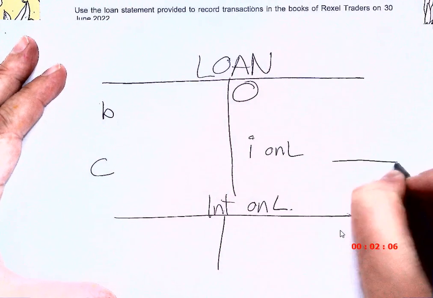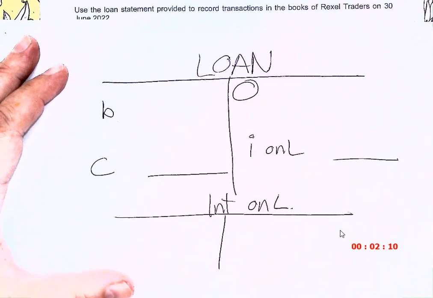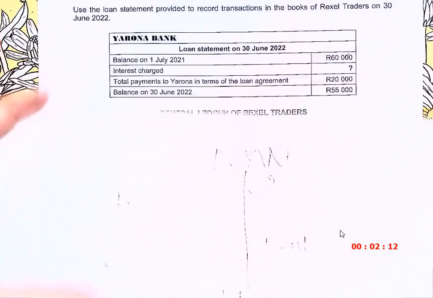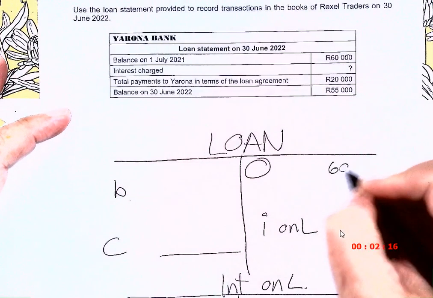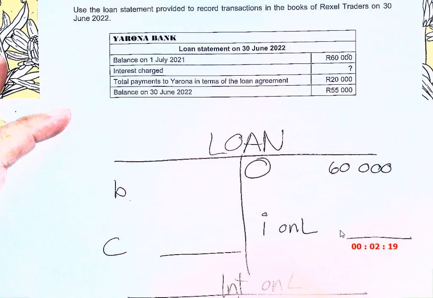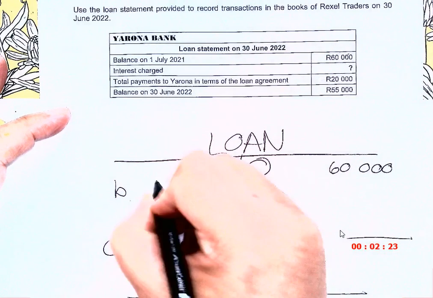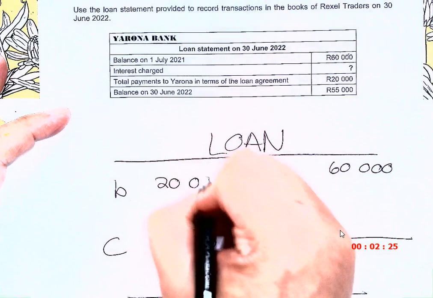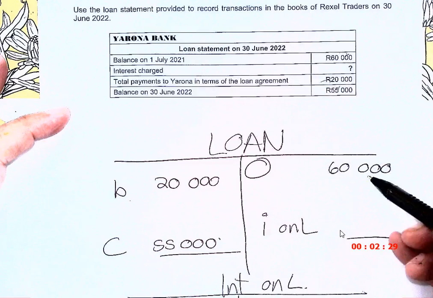Okay. Right. You got it. And then, if I look at this, my opening is 60. My closing is 55. My repayments is 20. Can you see? 20, 55, 60.